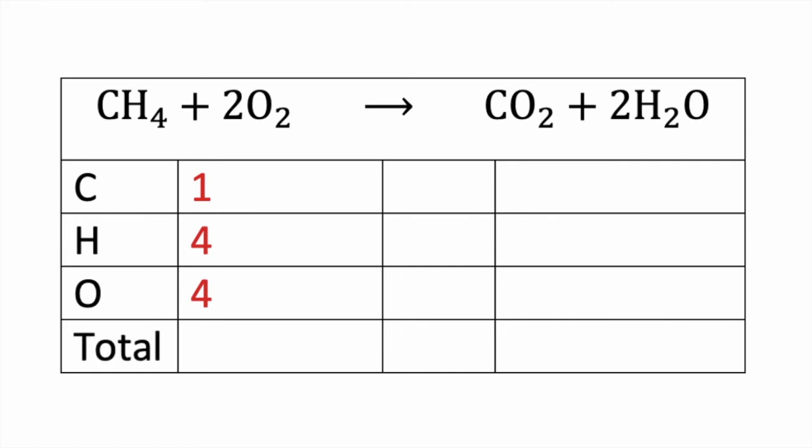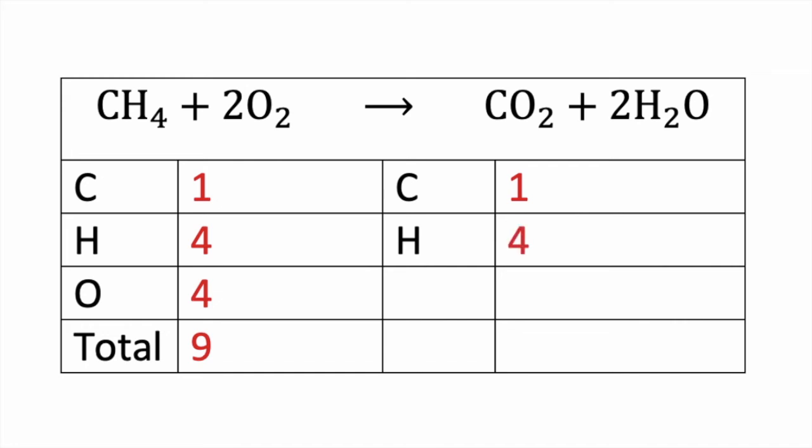If we add these up, we get a total of 9 atoms on the reactant side. Now let's move to the product side. We have 1 carbon atom, and we have 2 copies of water. Each water molecule contains 2 hydrogen atoms, so we have a total of 4 hydrogen atoms.